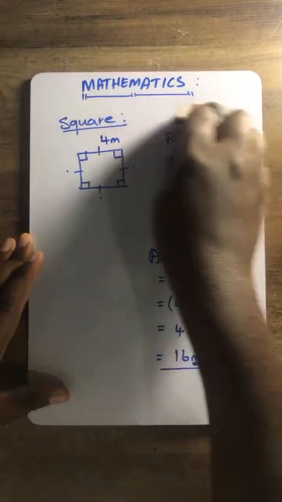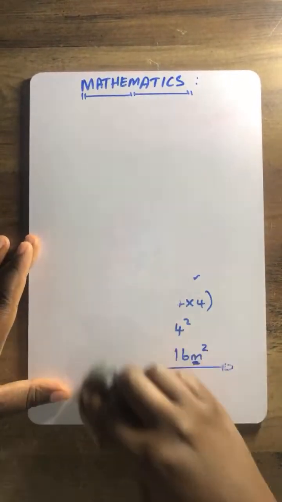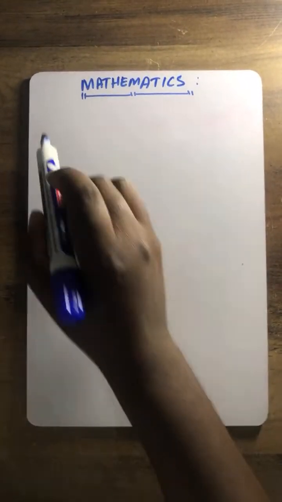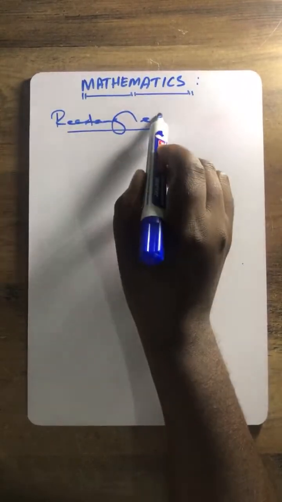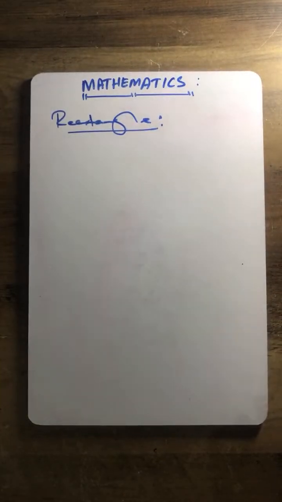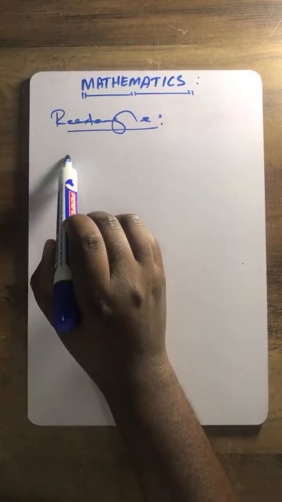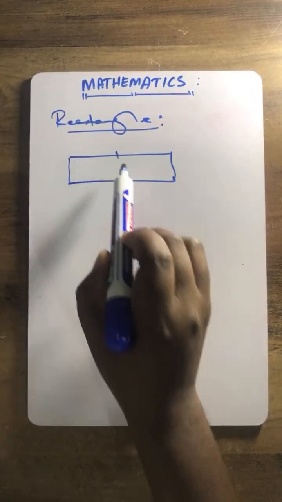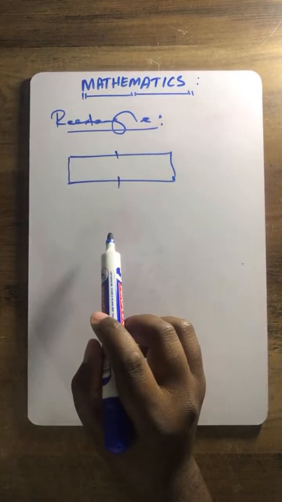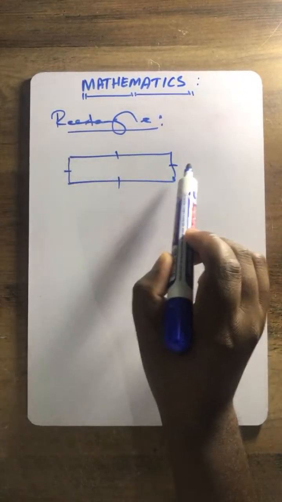So very quickly, let's discuss another one, being a rectangle. The shape of a rectangle could be something looking like that, where that length is equal to that length and the length of that side is equal to that one.